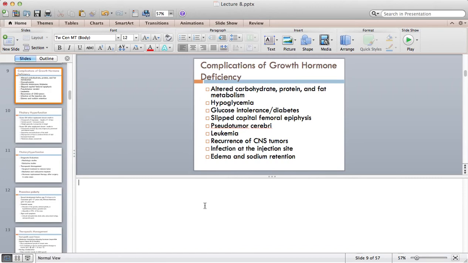That child is not growing as it should. Not enough carbohydrate or protein or fat is making it to the tissue, so this child runs a risk for hypoglycemia.